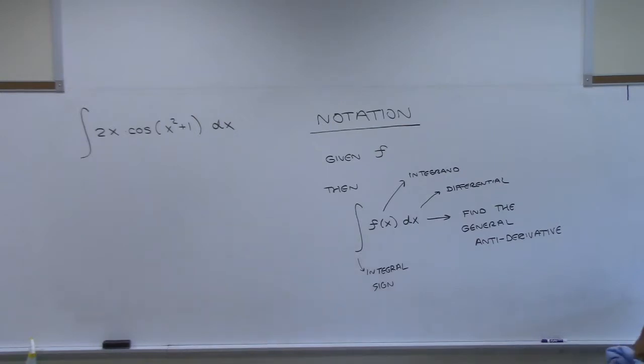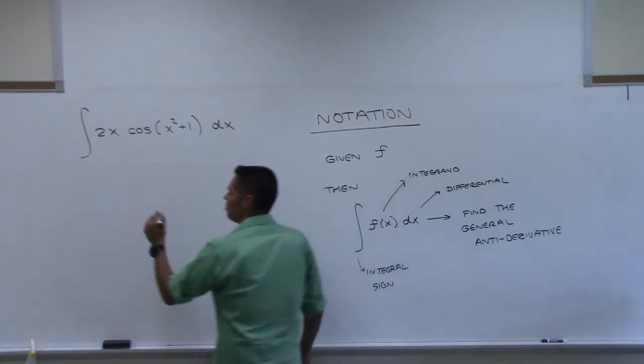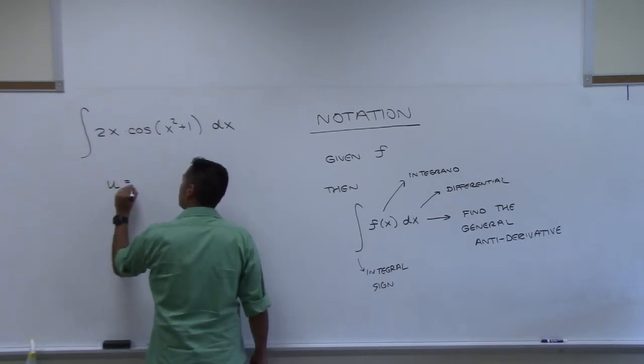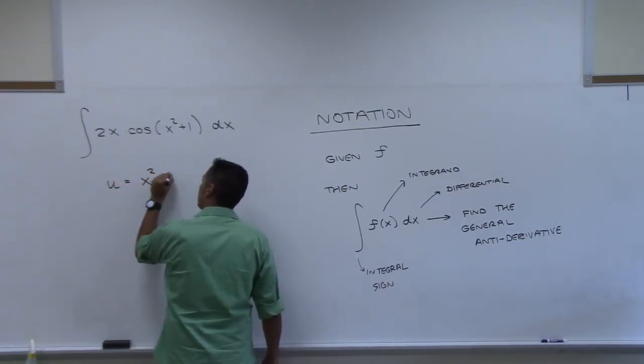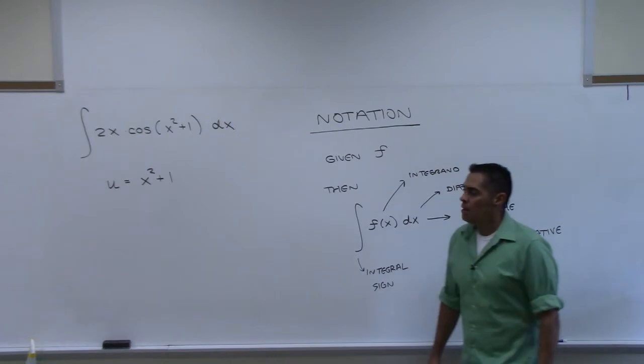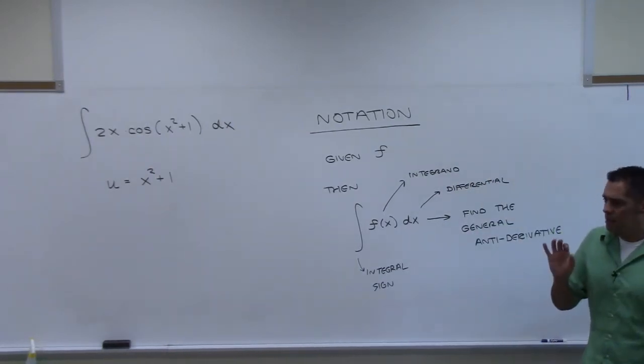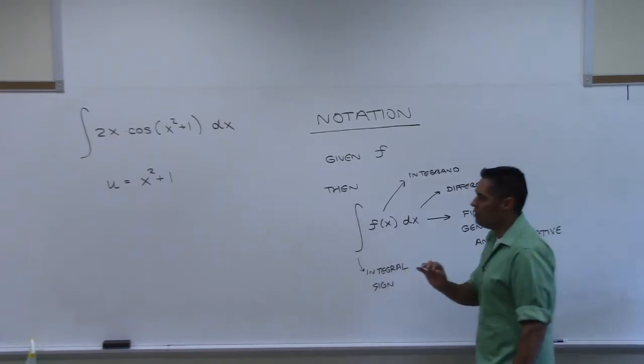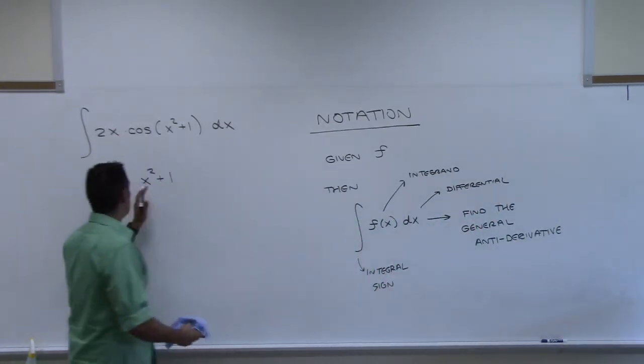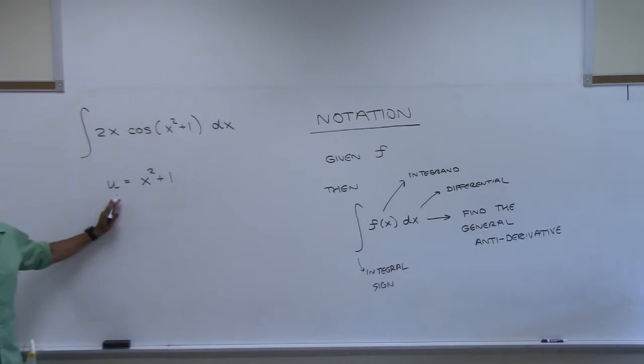Now we had already recognized that there was a substitution we could make, that u was equal to x squared plus 1. And now I said take the derivative on both sides. This time I'm going to be a little bit more precise with my notation. Take the derivative on both sides of this with respect to x.